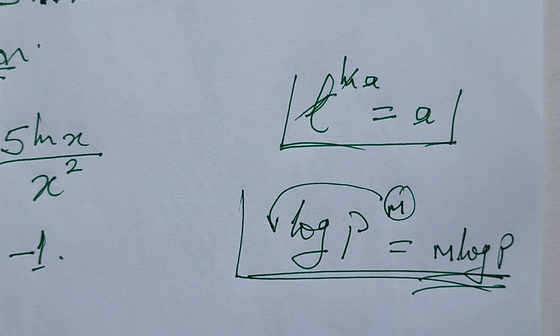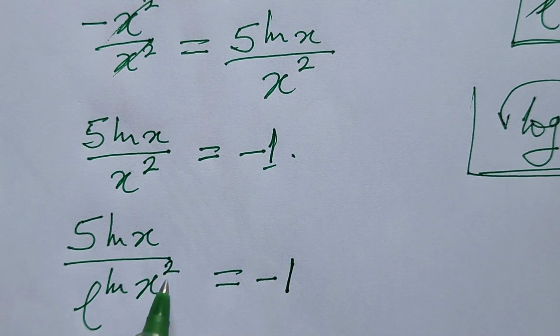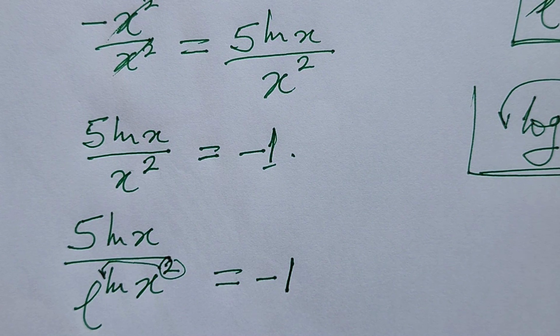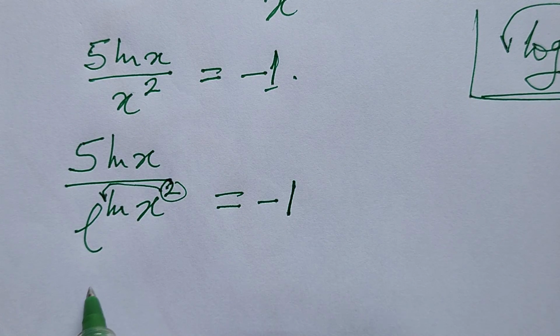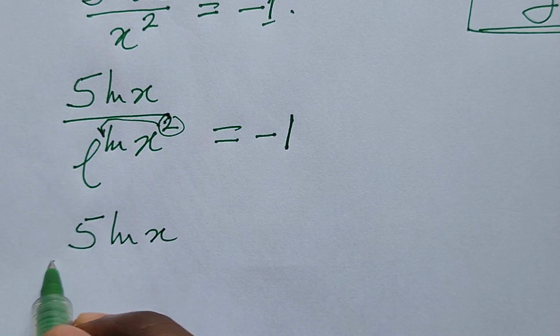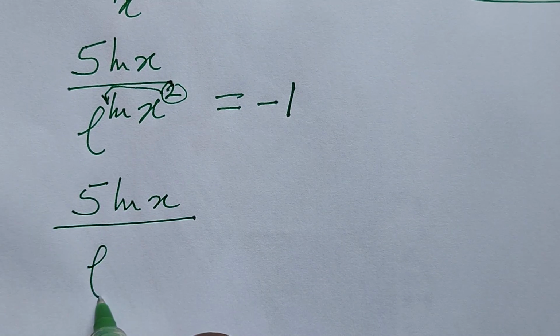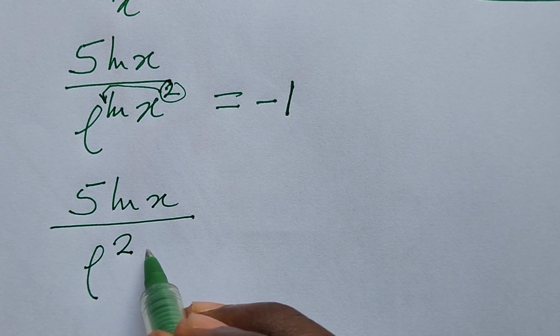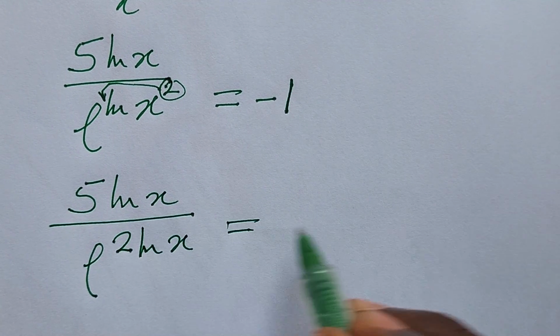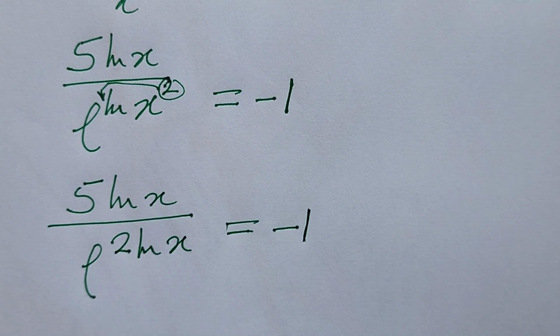So if we apply this law, we can move this exponent down to the side. Let's go ahead and do that. This will now give us 5 ln of x all over e all to the power of 2 ln of x, everything equal to minus 1.